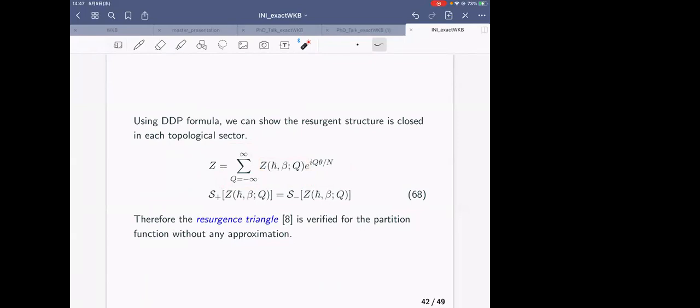I mean, the resurgent structure is closed. This result is nothing but a resurgent triangle in terms of Dunne and Ünsal. So we can prove the resurgent triangle without any approximation using this method.